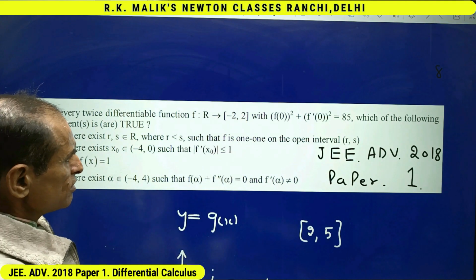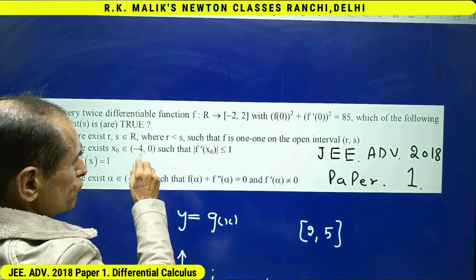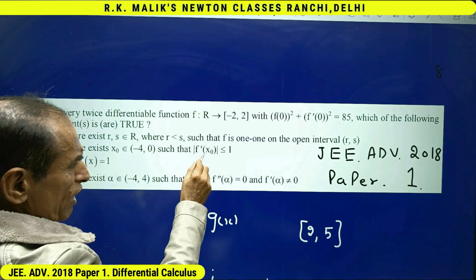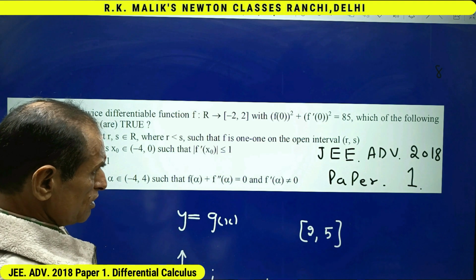That is, if for all values of x belonging to (-4, 0) this is greater than 1, then the values of f(x) will have to go beyond 2, which is not possible.